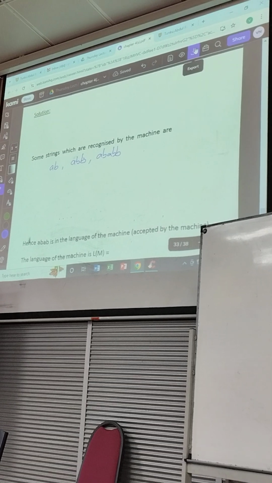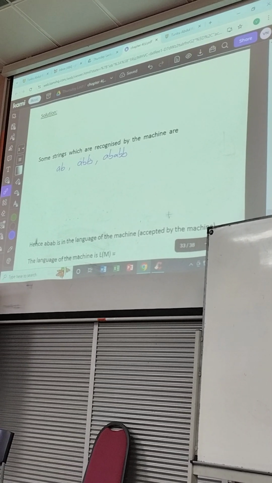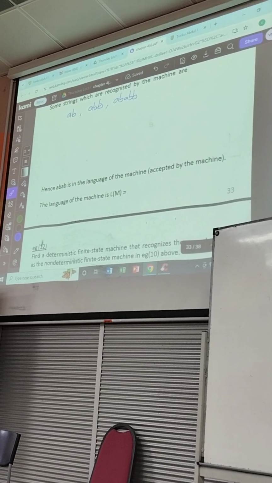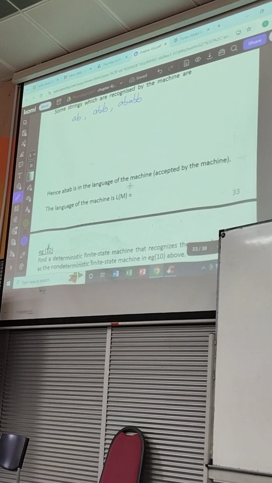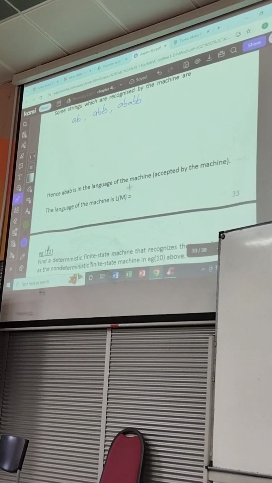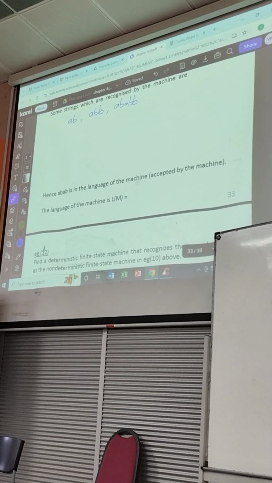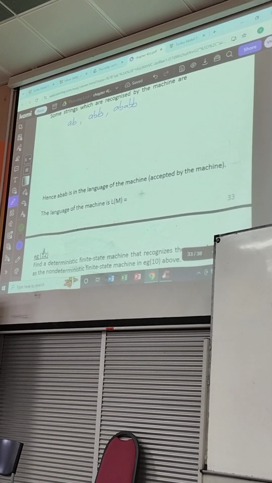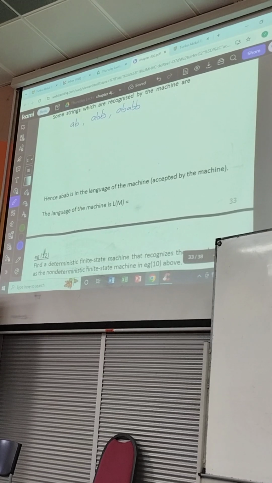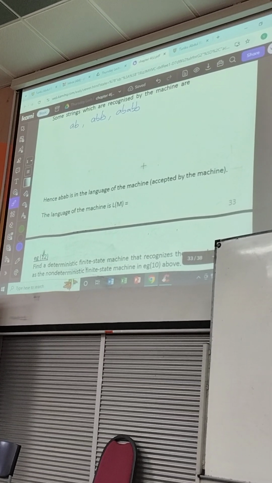Then, AB is in the language accepted by the machine if we go to the S2, right? So the language of the machine, how to write the LM?